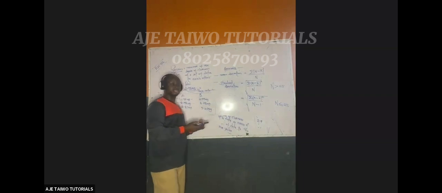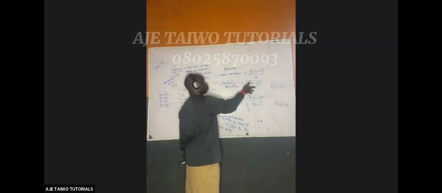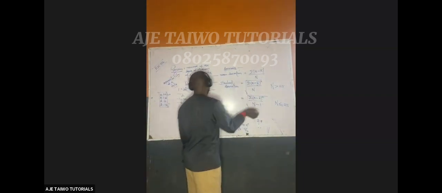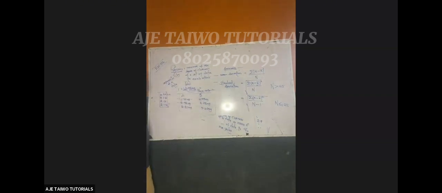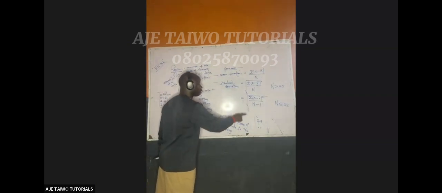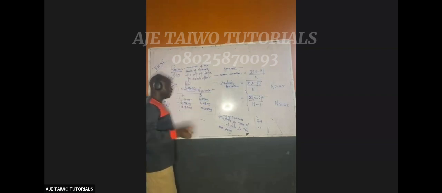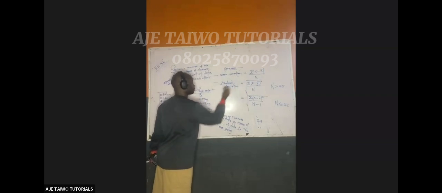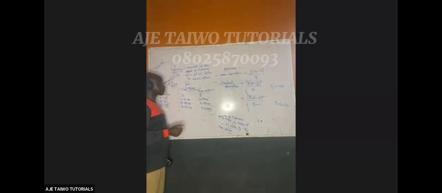I want someone to help me. Which of these two will I use for this question? The second one, the second standard deviation. Why? Give me a reason. Why this one? Why not this? Because all the numbers are less than 5.